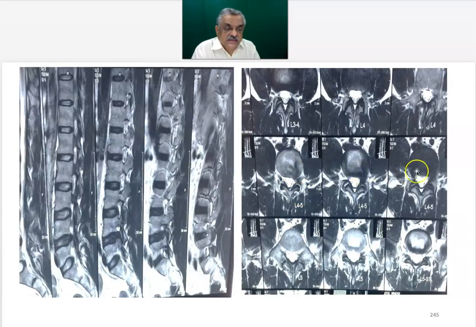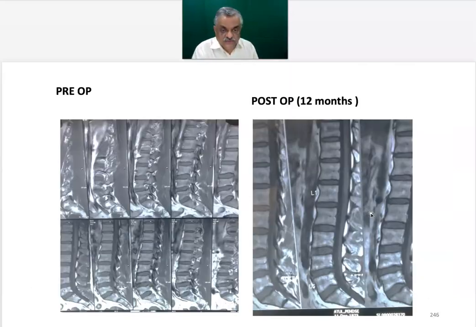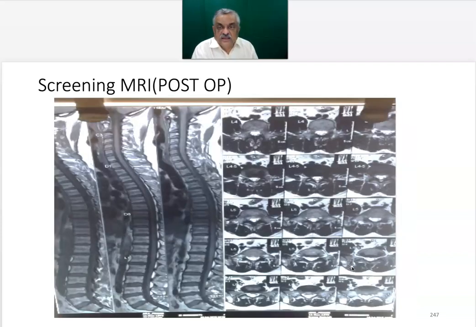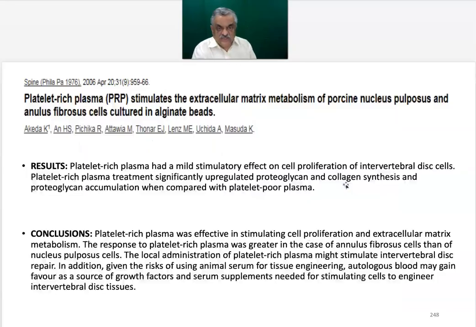So this is the area which has shown healing. This is a pre-operative scan, this is a post-operative scan, this is a post-operative screening where you will find that at L4-5 it is a well healed area of the annulus.